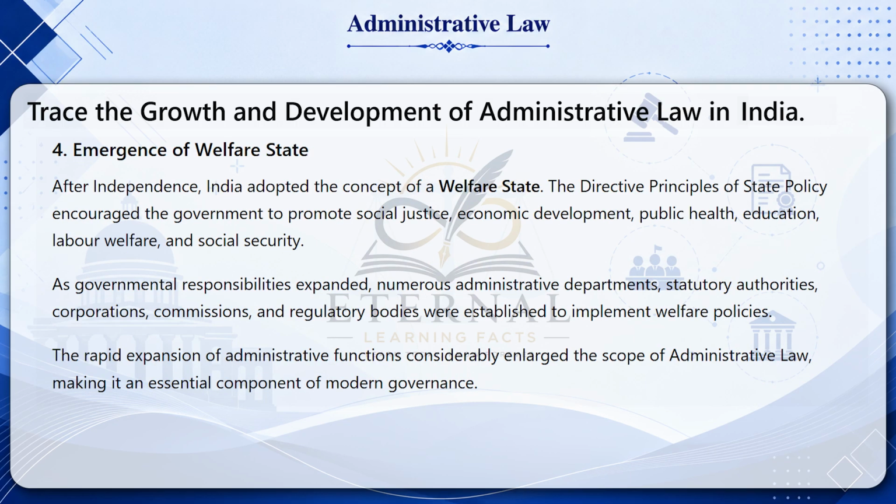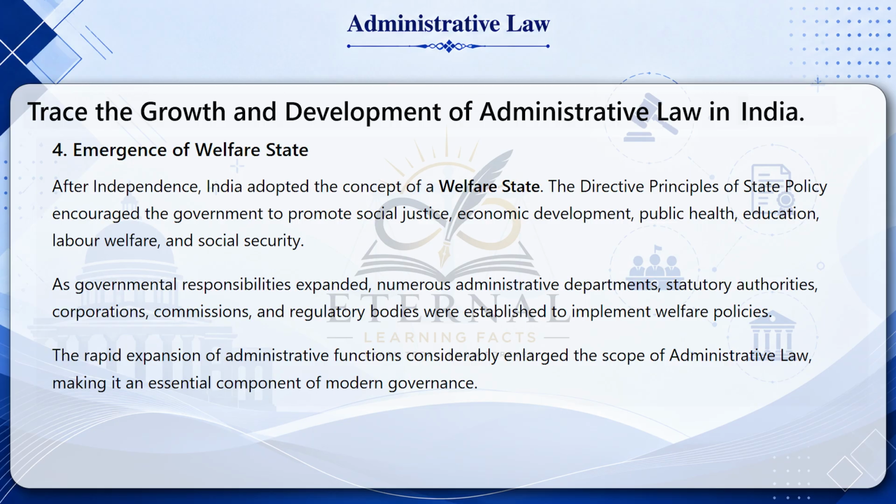Fourth, emergence of the welfare state. After independence, India adopted the concept of a welfare state. The directive principles of state policy encouraged the government to promote social justice, economic development, public health, education, labor welfare, and social security.